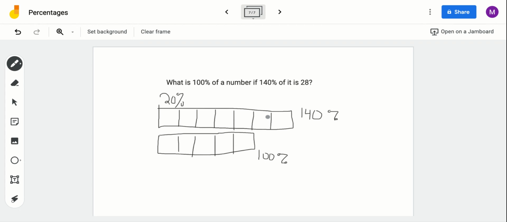Okay. So now we have to figure out what these squares are worth. If the 140 is 28, well, there's 7 of these squares, and 7 squares equals 28. So actually, let me go ahead and use the typing tool because it's a little bit easier to read. 28 divided by 7 equals 4.